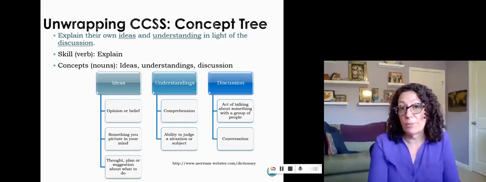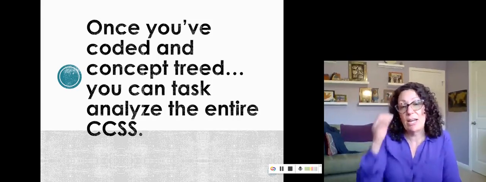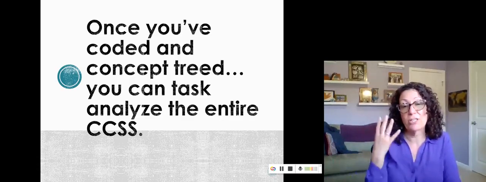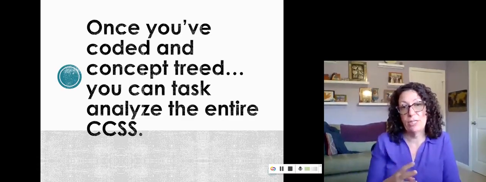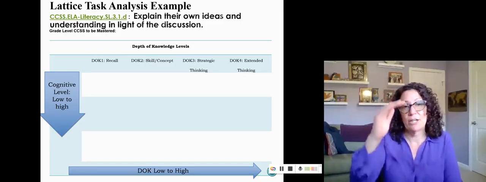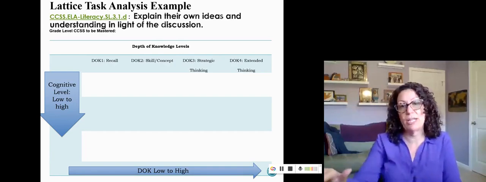Now here comes the really good part. We've coded the standard and we've done a concept tree, and now we're going to task analyze the entire Common Core State Standard across the 4 depths of knowledge. So you have a chart like this. The cognitive level is from low to high, and the depths of knowledge are from low to high.